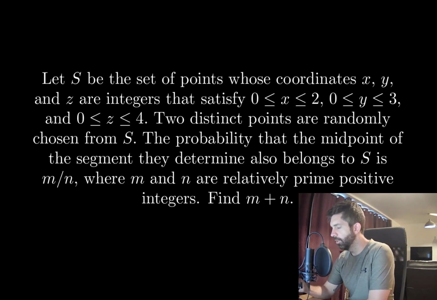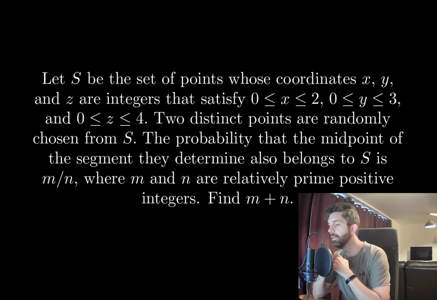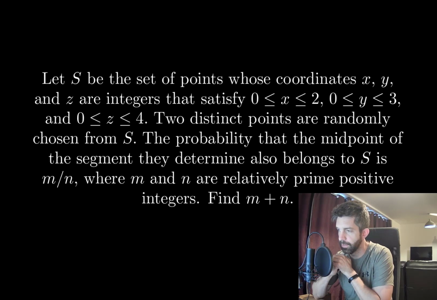So we have a three-dimensional lattice of points. It's bounded. My first instinct here, I guess, is to figure out all possible endpoints of such a line segment such that their midpoint is also one of the coordinates in this set.